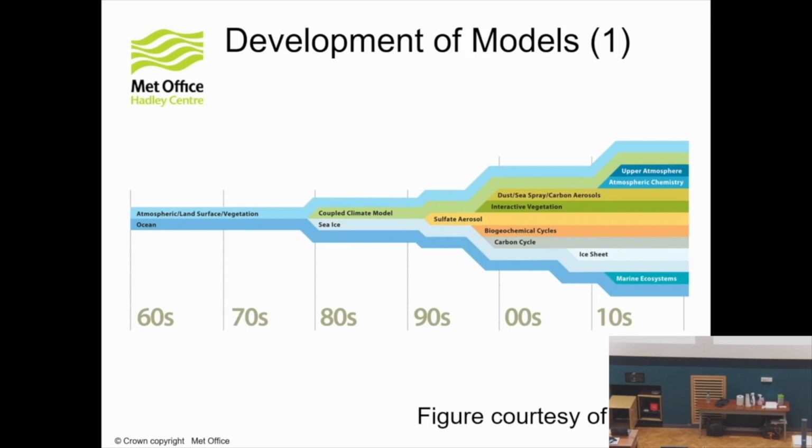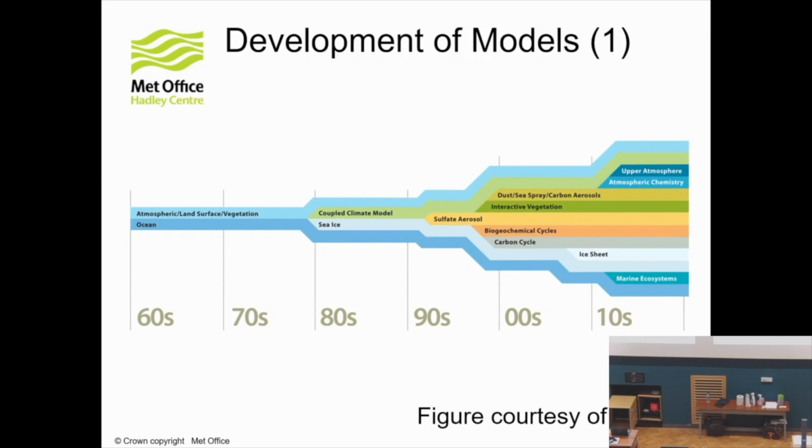But of course, even now at the present day, there are still some Earth system models that would have contributed to the sixth phase of the Coupled Model Intercomparison Project that still aren't including aspects of atmospheric chemistry. You'll see there's ice sheets included there, but the reality is that of the global Earth system models that contributed in CMIP6, there wasn't a single one that had interactive ice sheets.